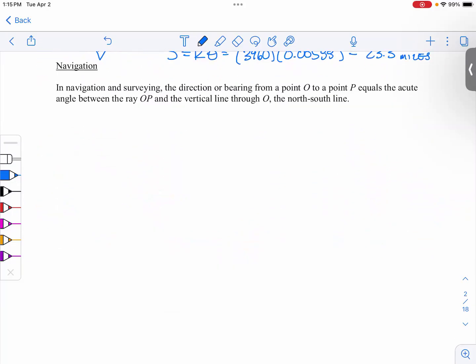Okay, navigation. So navigation is a fun thing, and it's definitely something you've heard of: northeast, northwest, etc. Bearing is a big thing in navigation, and how bearing is measured: north, east, south, west. Bearing is actually measured off of the north-south pole.